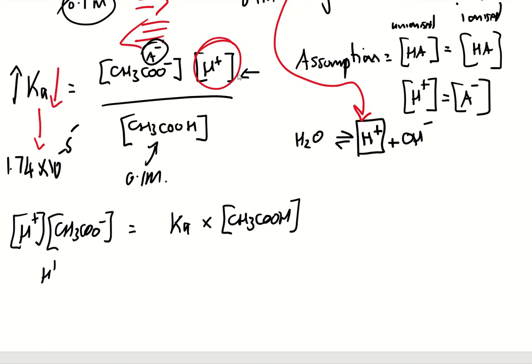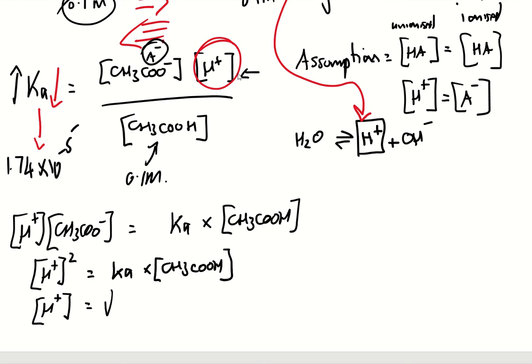Now, because I know that these two are equal, what I can say therefore is that H+ squared is equal to the Ka multiplied by the concentration of the CH3COOH. So if you're mathematically on the ball, we'll see where I'm going here. I want to get H+.